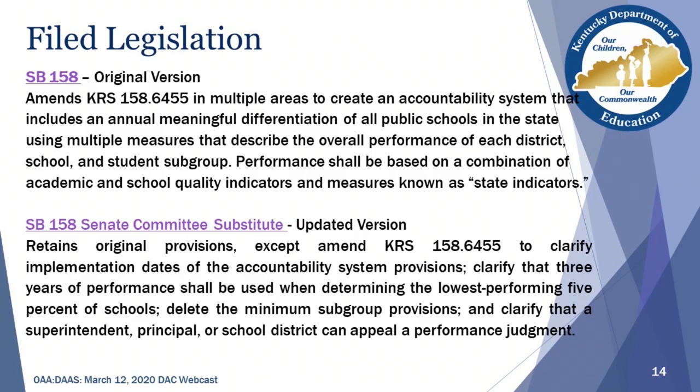It also clarifies that three years of performance would be used when determining the lowest performing 5% of schools. It deletes the minimum subgroup provision and clarifies that a superintendent, principal, or school can appeal a performance judgment.